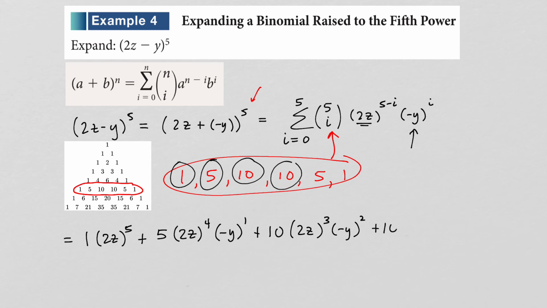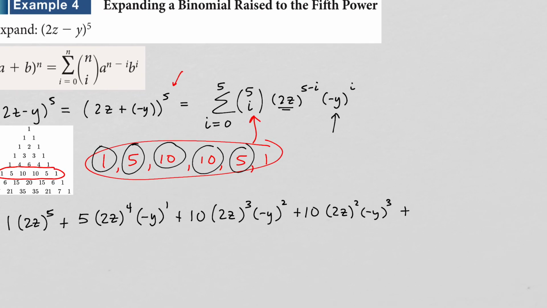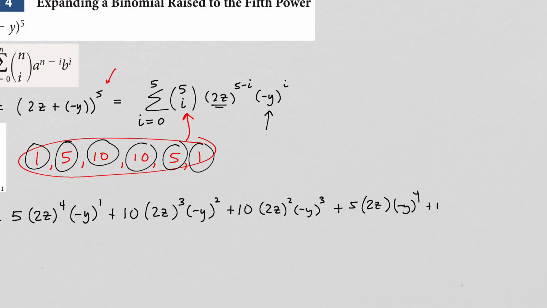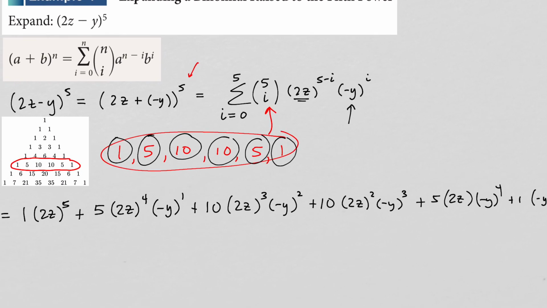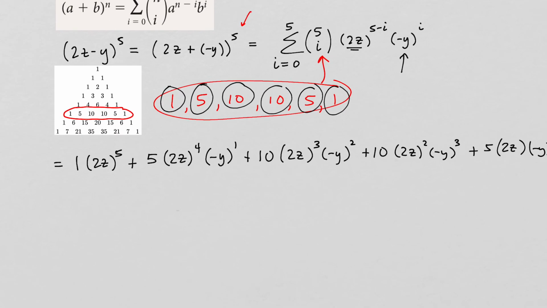And then 10 again times 2z squared times negative y to the third. Plus, next one's going to be 5 times 2z times negative y to the fourth. And finally, we have 1 times negative y to the fifth. So again, the power of negative y goes up by 1 each time, and the power of 2z goes down by 1 each time. So now we just need to do the math on this and take it slow here.